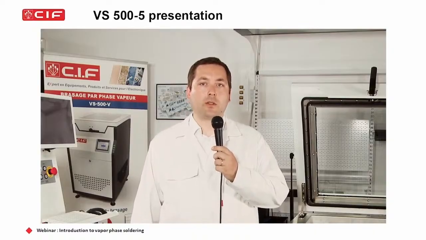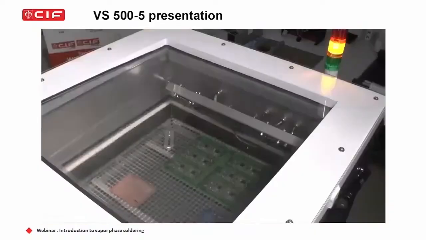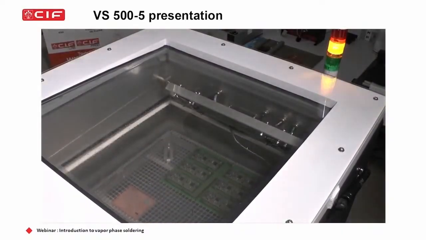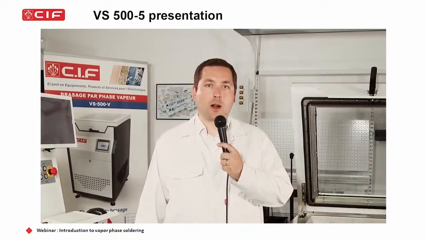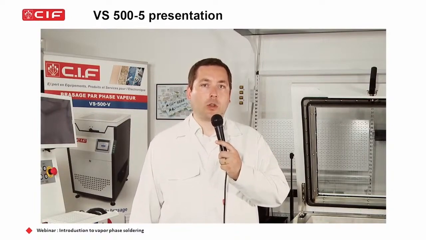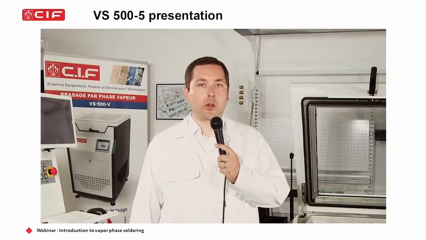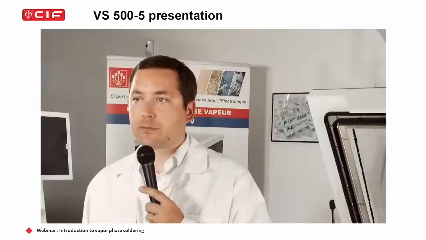Once the vapor is generated and the lid is closed, the elevator goes down to the process chamber, where the vapor covers all the parts to be processed. Once the parts are processed, the lift will go up and close again the process chamber for the cooling and the Galden recovery step.